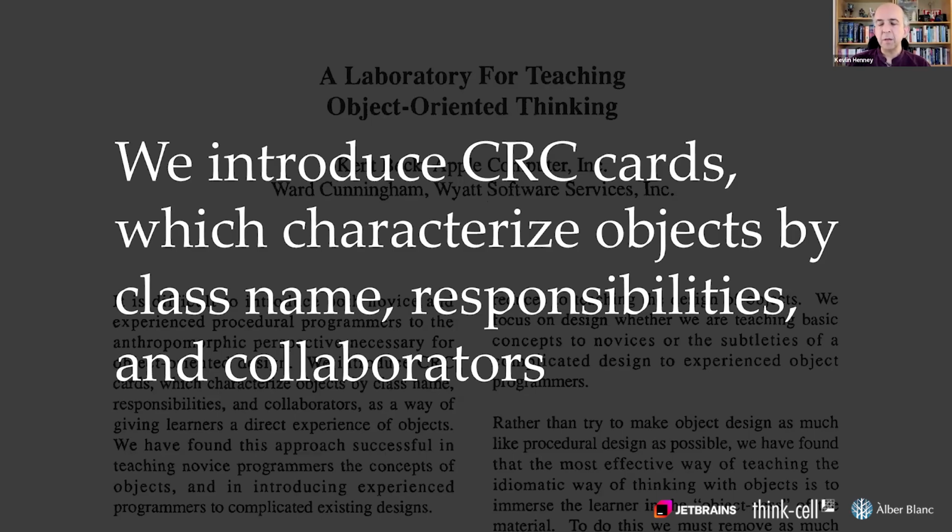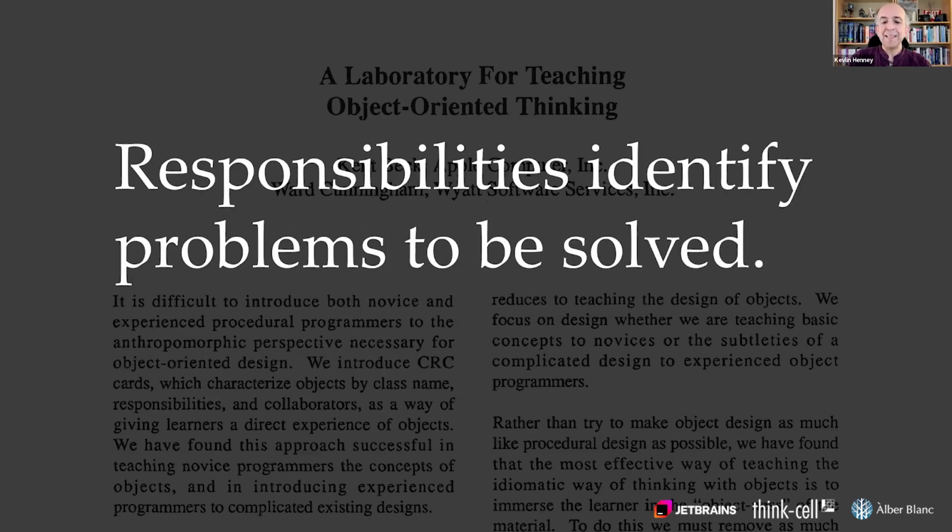Here's an interesting thing. Notice it's plural: responsibilities. It's not characterized by class name, responsibility, and collaborator or collaborators. Responsibilities identify problems to be solved. Your classes typically solve more than one problem.